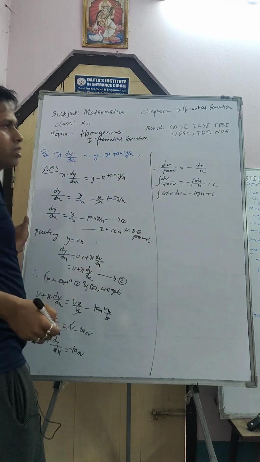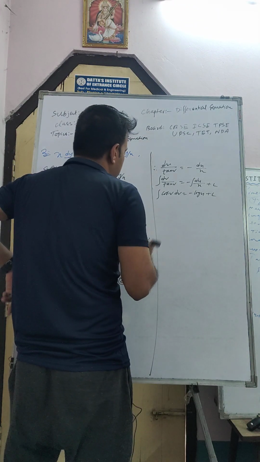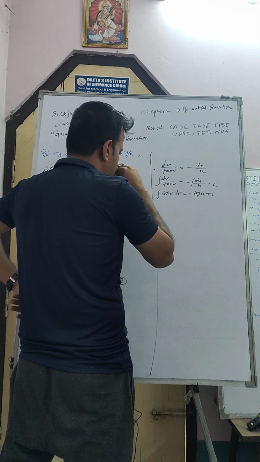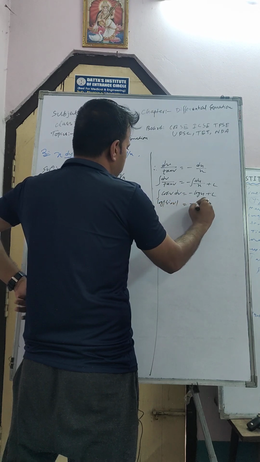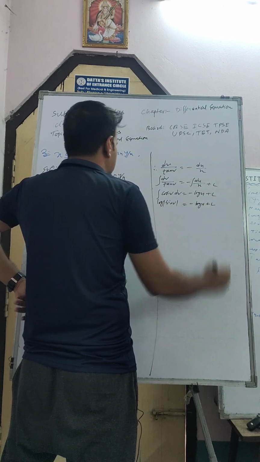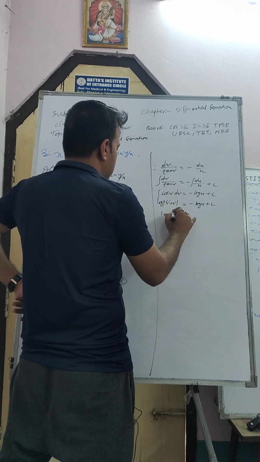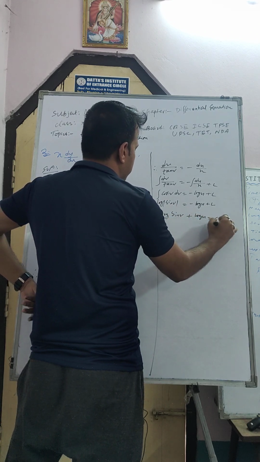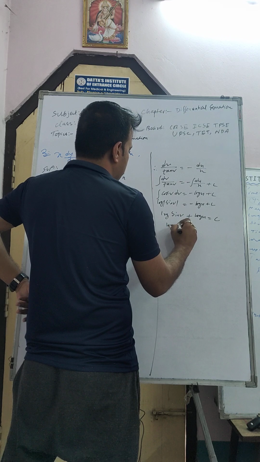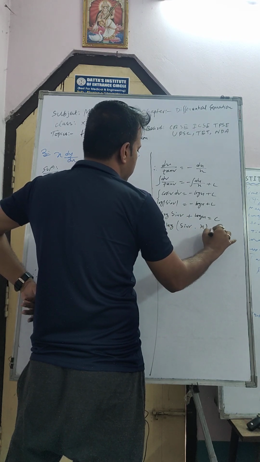So the integration of cot v is log of sin v, so log sin v equals minus log x plus c, or log sin v plus log x equals c. So it will be log of sin v into x equal to c.